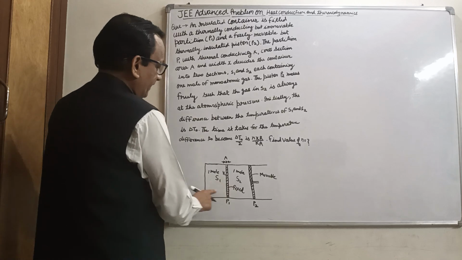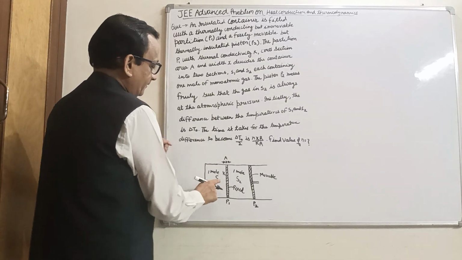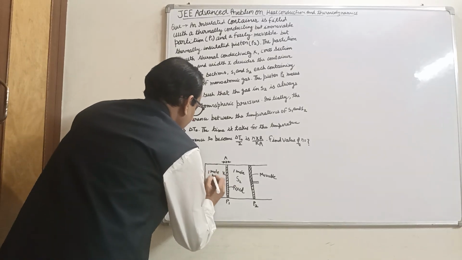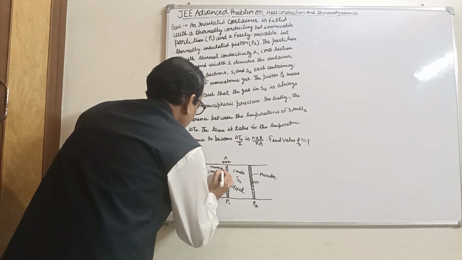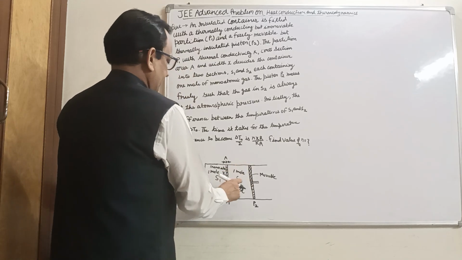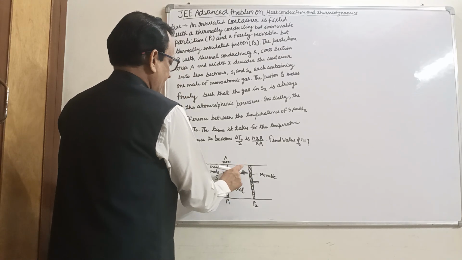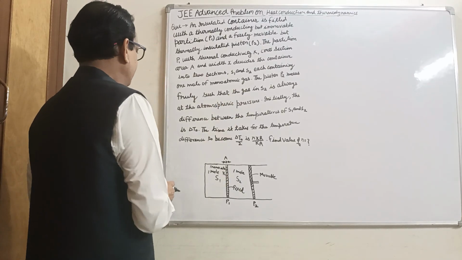So the fixed volume of the gas here is monoatomic gas. Monoatomic gas is here, and here also monoatomic gas in this chamber. This is system 2.